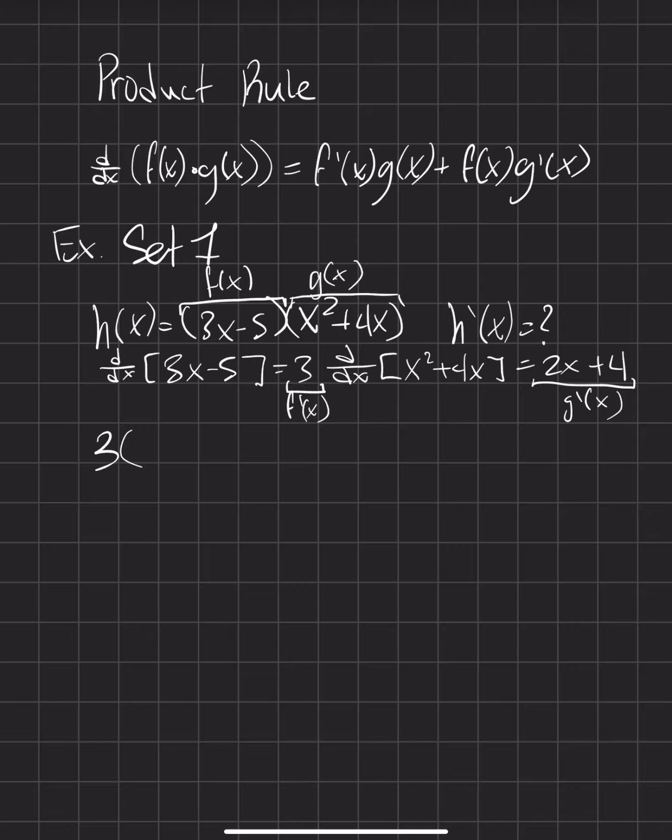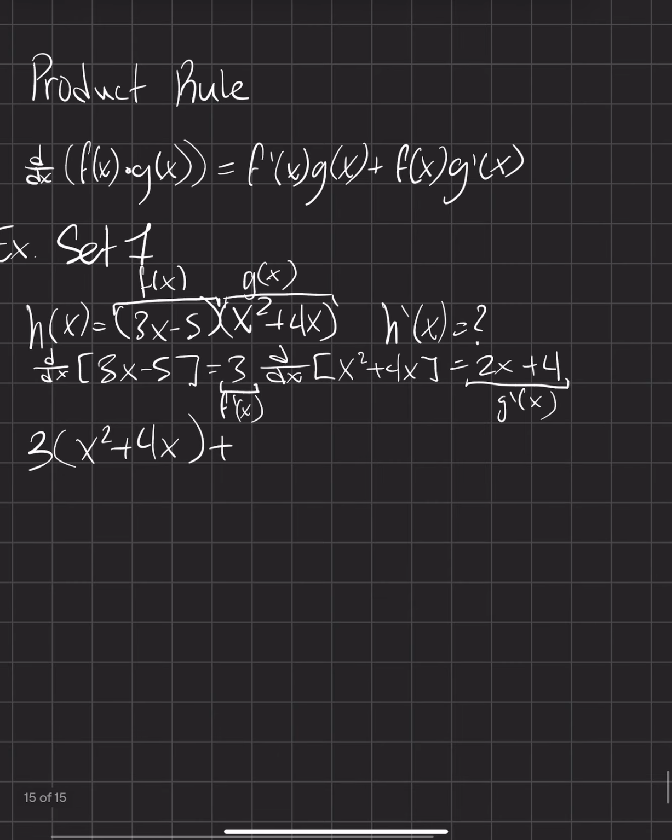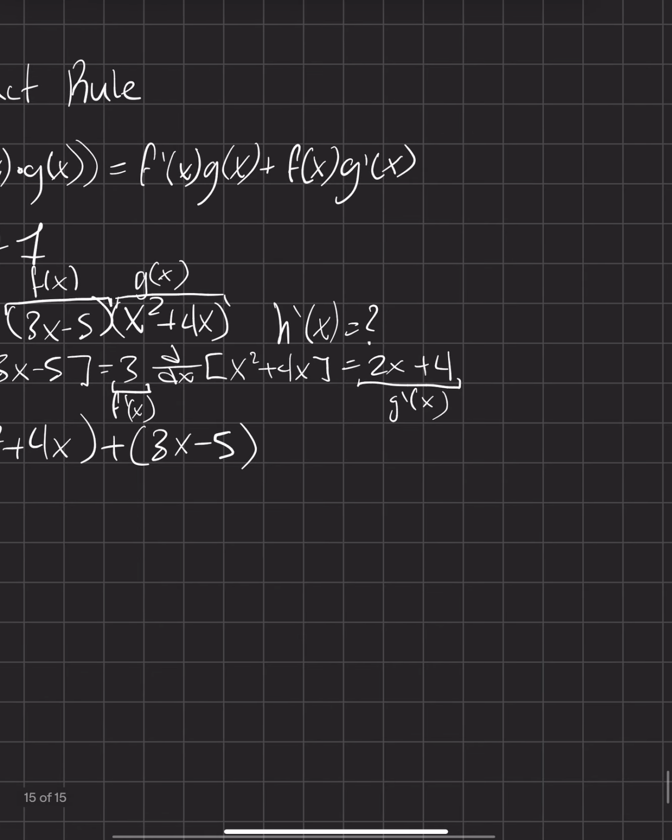Remember that our g of x we assigned here was the x squared plus 4x. And then we add that over to the next part. Remember, we need our f of x. We set our f of x as our 3x minus 5. And then we need to multiply that by our g prime. We set that our g prime was 2x plus 4.